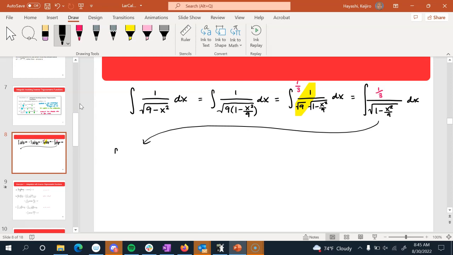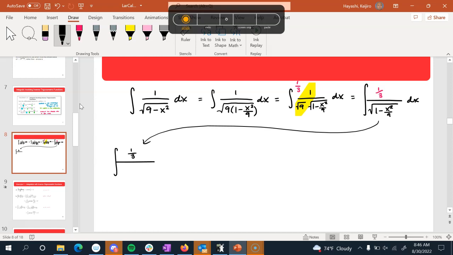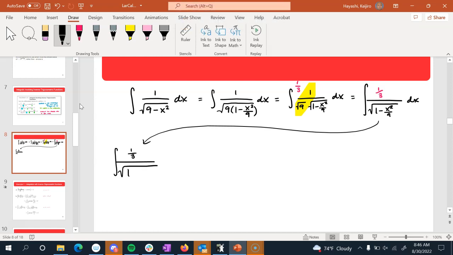And just one more step before the integration can happen. X squared over 9, I'm going to write that as x over 3, all of x over 3 in parentheses, being squared. Okay, so now we're ready for a u substitution.